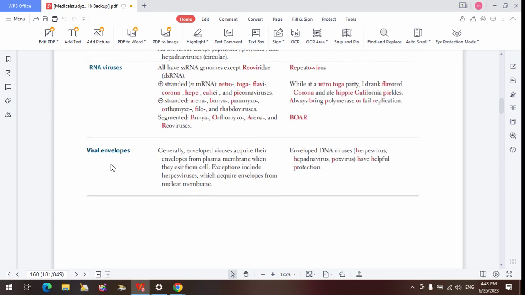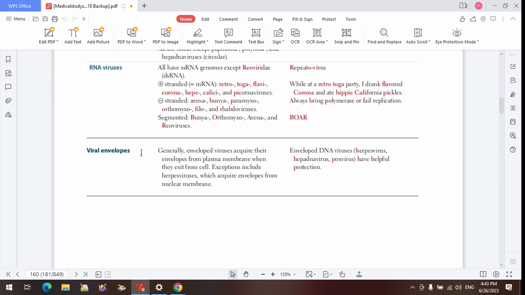So let's talk about the viral envelopes. Do you guys remember the three DNA viruses that we said are enveloped? Herpes, Hepadna, and Pox. Which DNA viruses are enveloped?